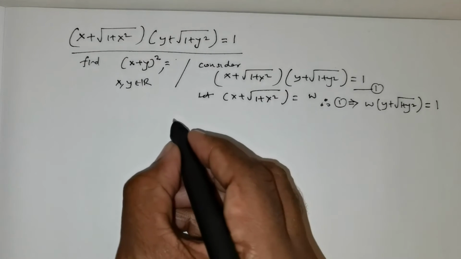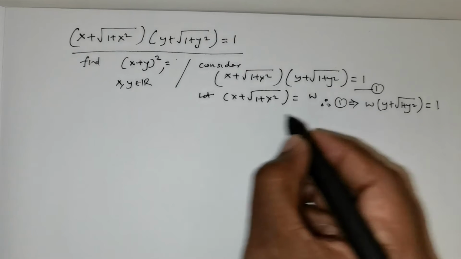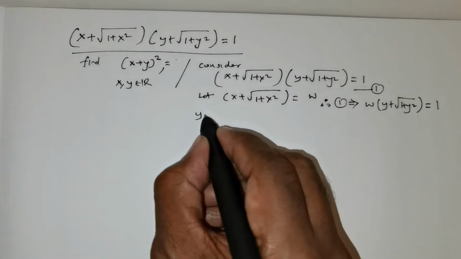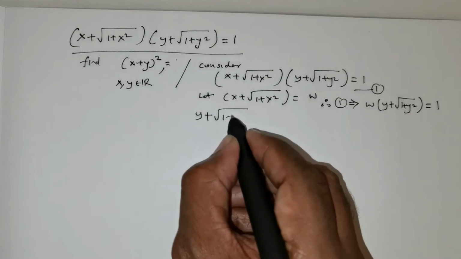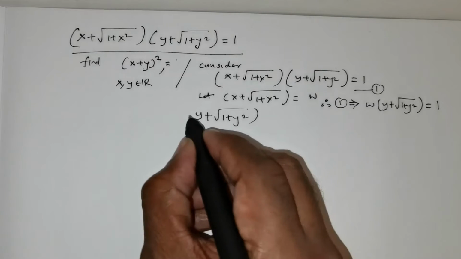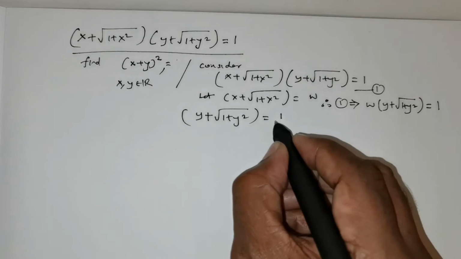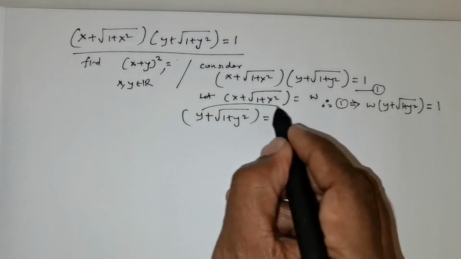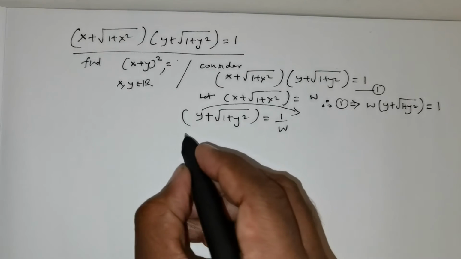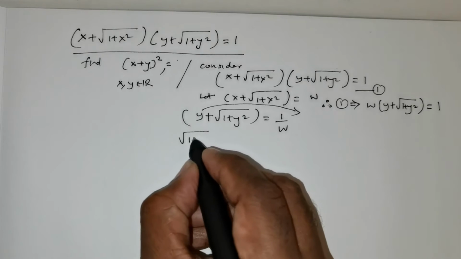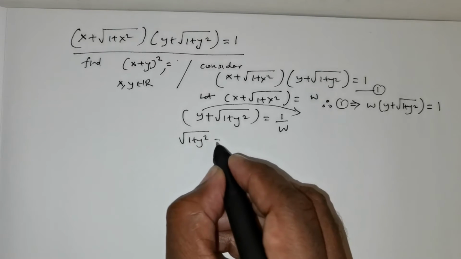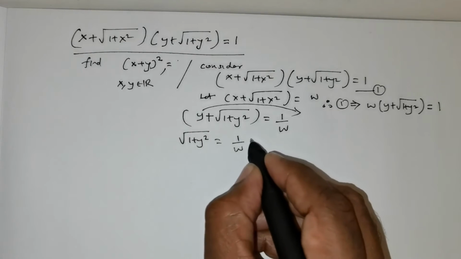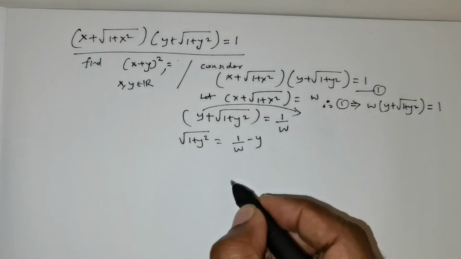Now I'm going to move w down, so I would now have y + √(1 + y²) equal to 1/w. I will move this y to the right side. That gives me √(1 + y²) equal to 1/w − y.